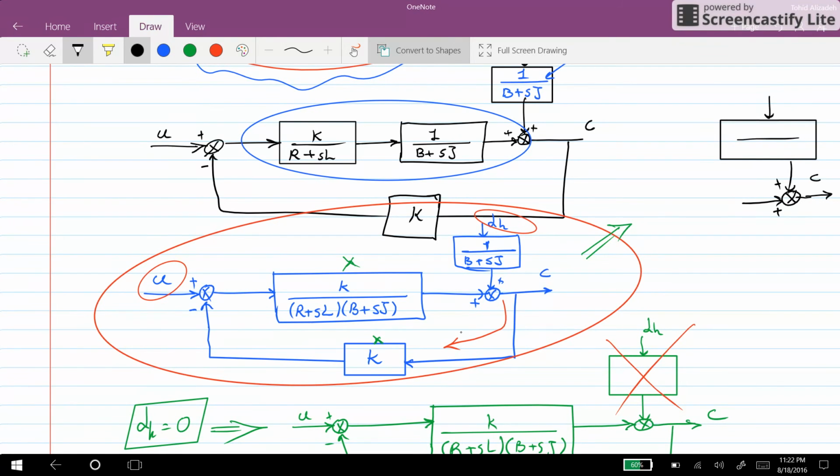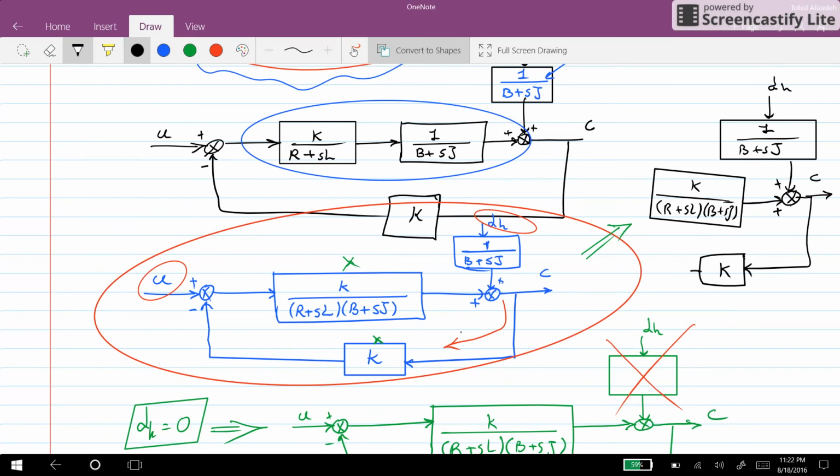This comes from the edge in which we have the transfer function equal to 1 over b plus sj. This is the transfer function k over r plus sl times b plus sj. And from here we have k with a negative sign.